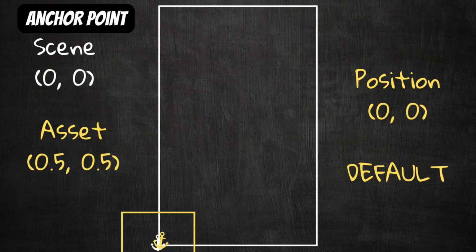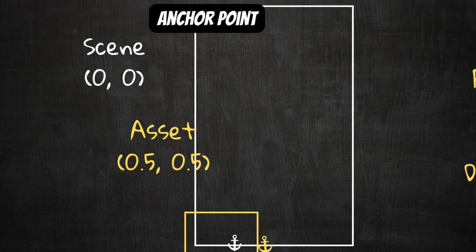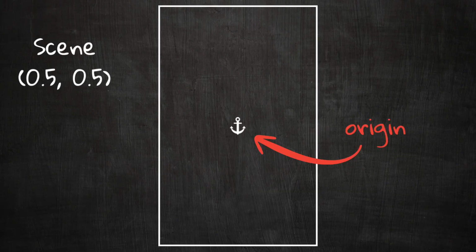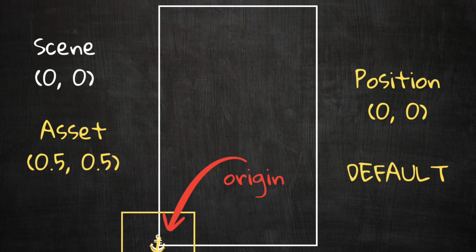That's completely different. When we previously had scene set to 0.5, 0.5, it meant that the origin point was in the middle of the scene. And now, when the scene has the anchor point set to 0, 0, it means that the new origin is in the bottom left corner.